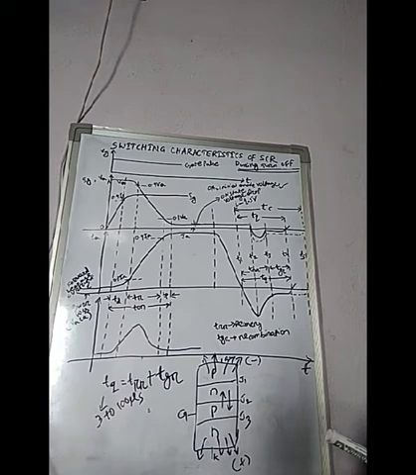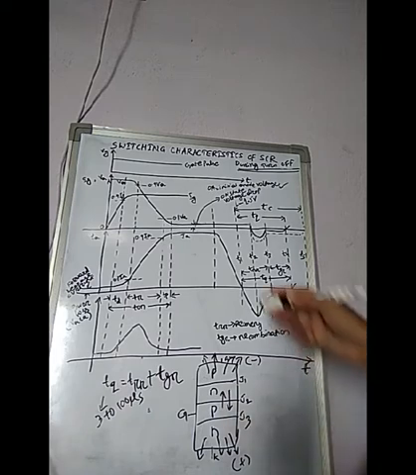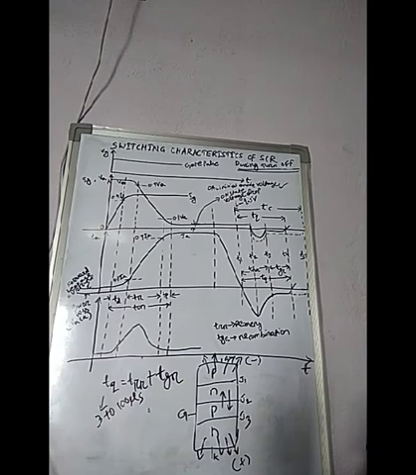An increase in the magnitude of these three factors, that means an increase in forward current, or an increase in the di/dt level, or an increase in the junction temperature, may increase the thyristor turn off time.